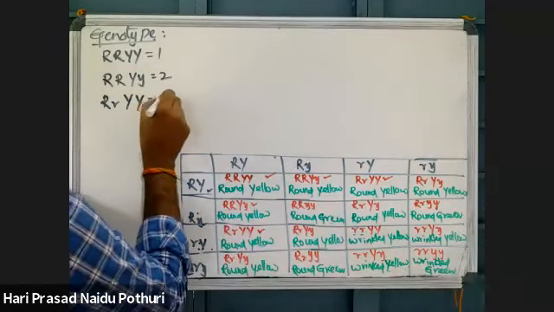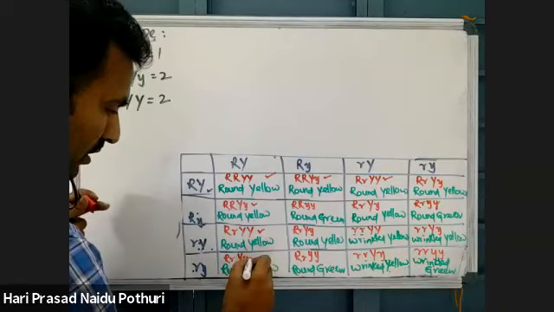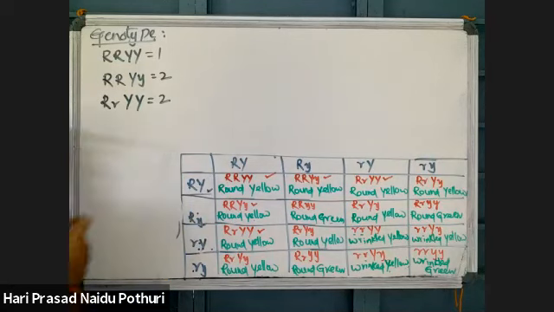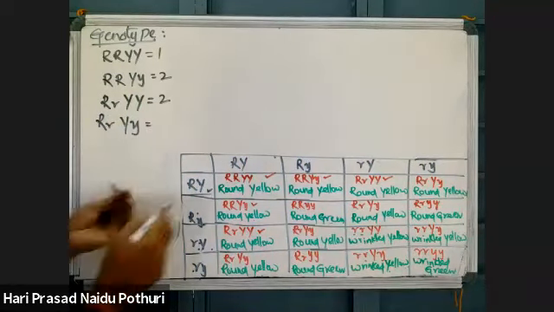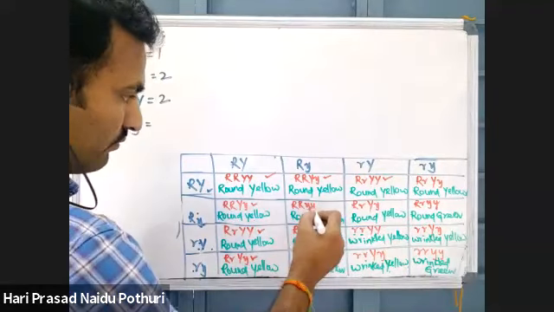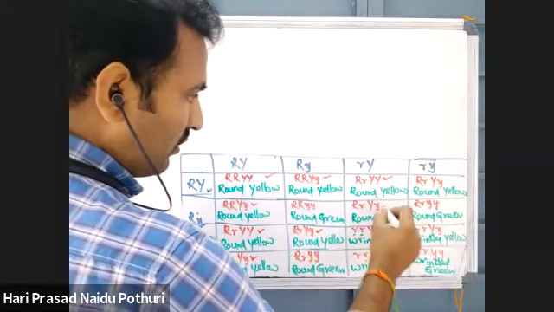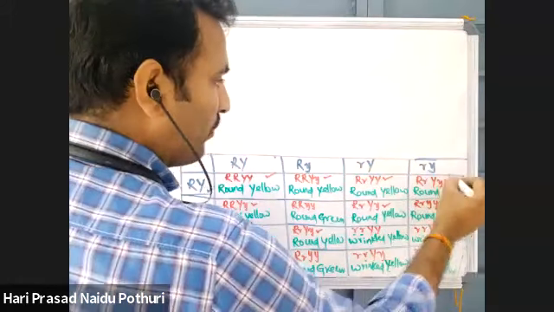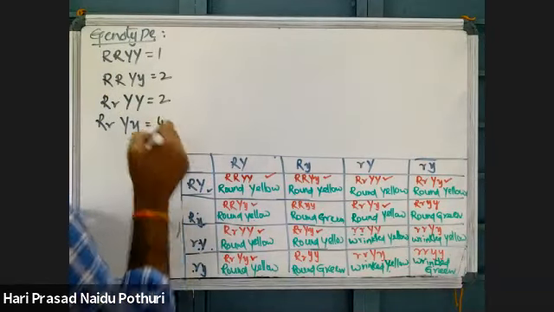How many? 2. Next one, capital R, small r, capital Y, small y. How many are possible? 1, 2, 3, 4. 4 are possible.